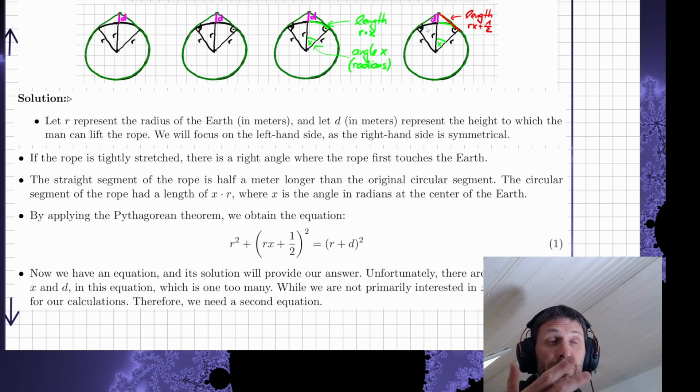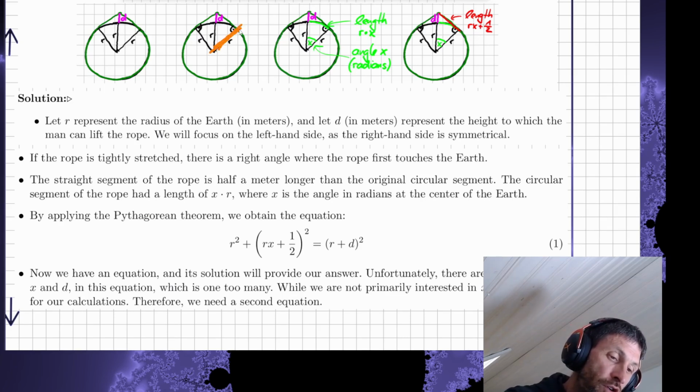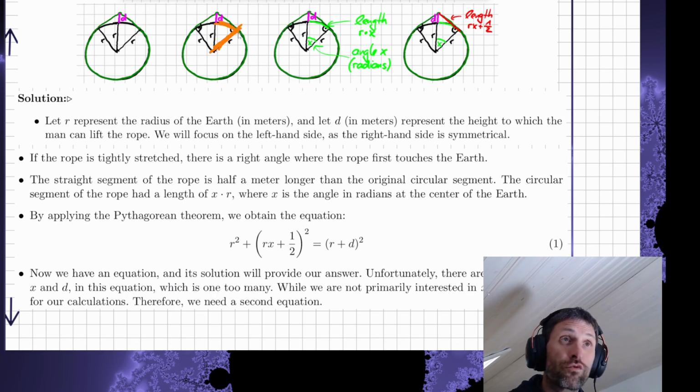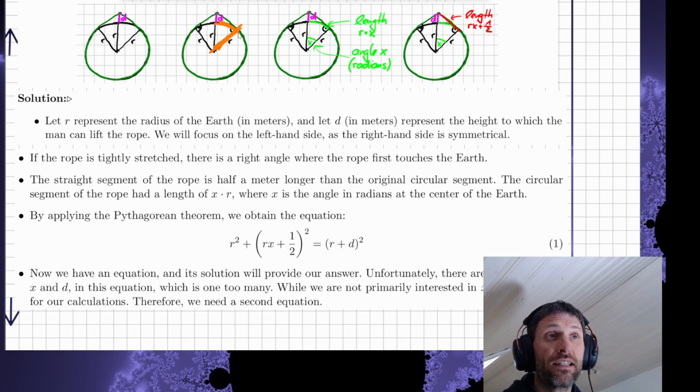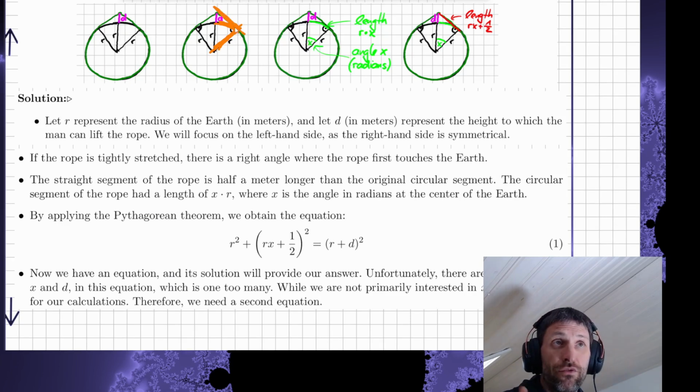That's a property of circles. Okay, and what do we know? If this is the radius of the Earth, then this is the length of the rope before extending by 1 meter, and this is this length plus half a meter. We extended by 1 meter and on every side half a meter extra, so it's half a meter more.